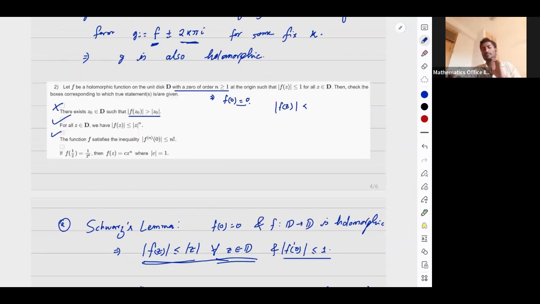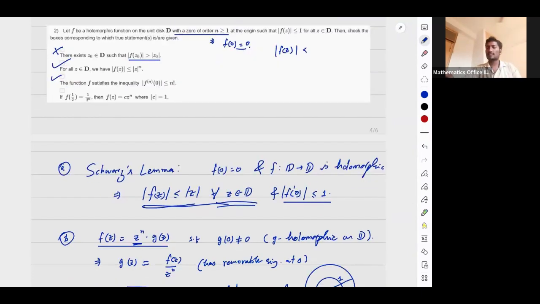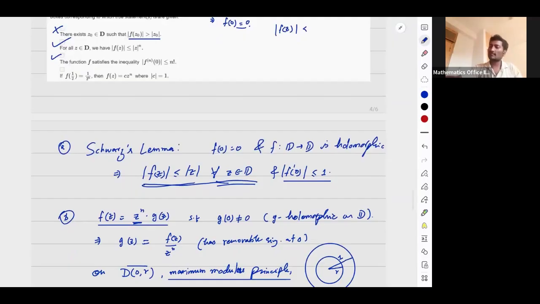There we had that if the modulus of f prime at 0 is exactly equal to 1, or for some point the modulus of f(z) is equal to the modulus of z, then f is of the form lambda times z, where lambda has modulus 1.